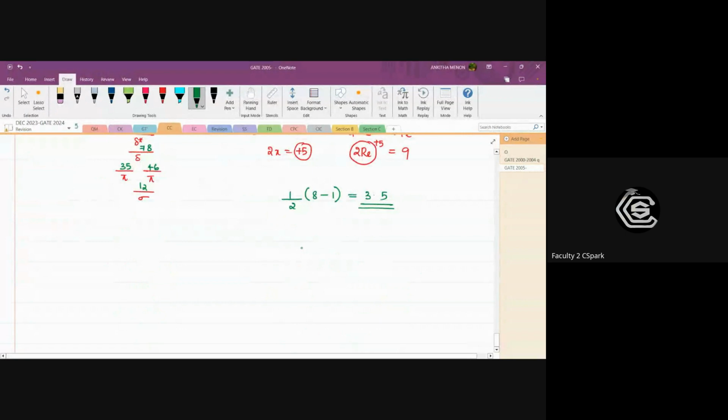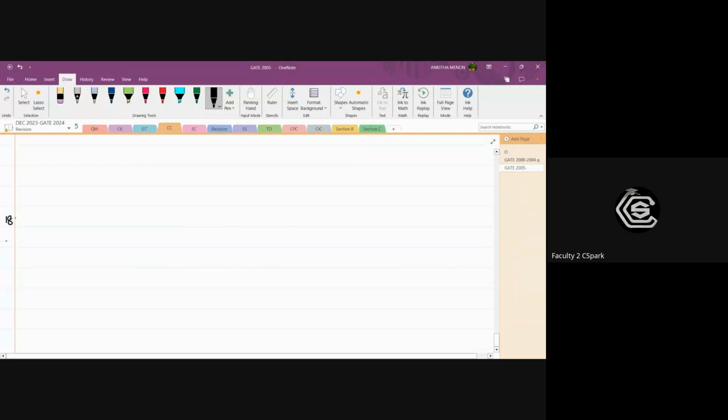Next question. Increasing order of hydration energy. Again, there is a table in Hugi, you have to learn that.